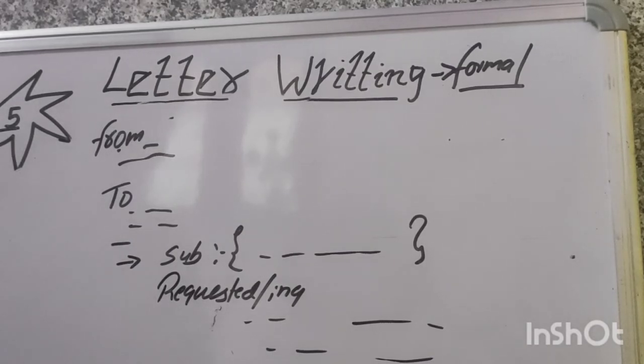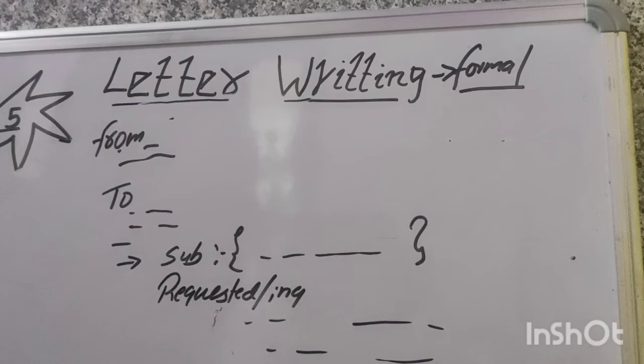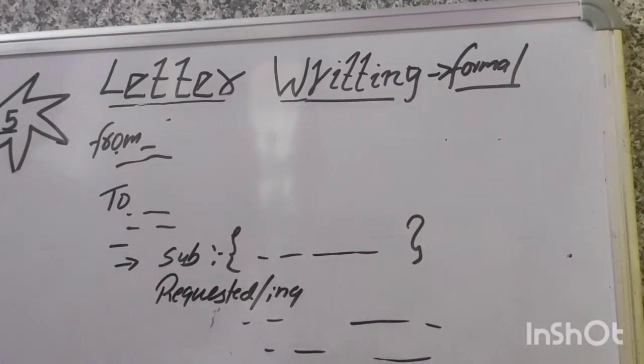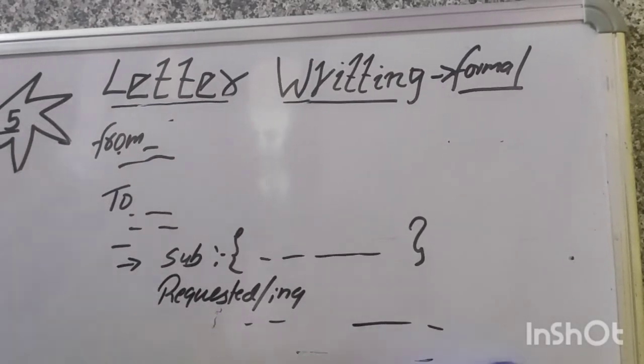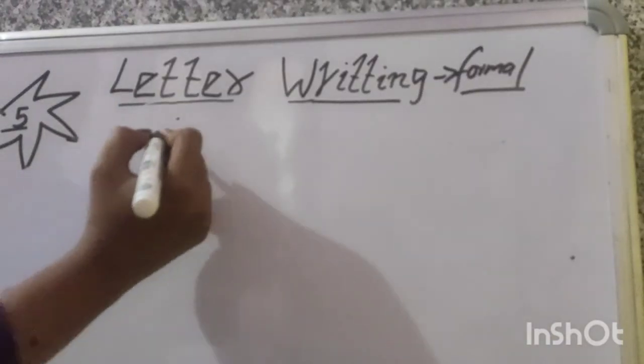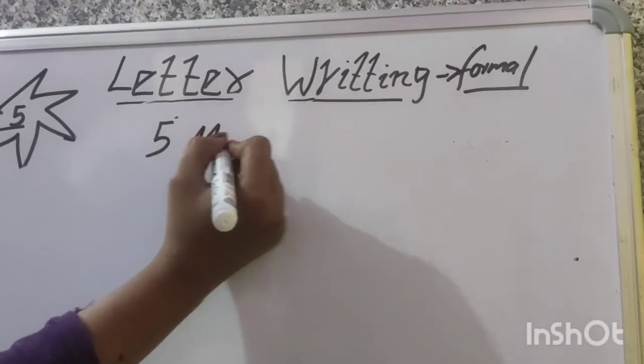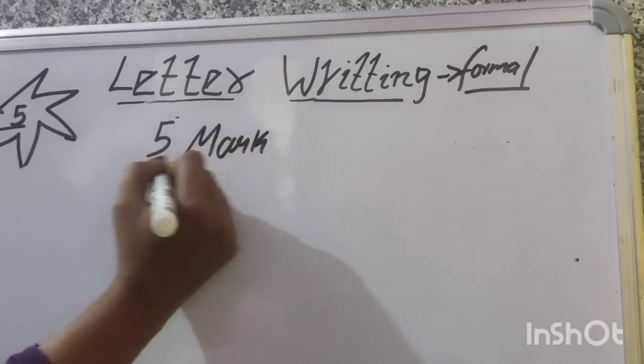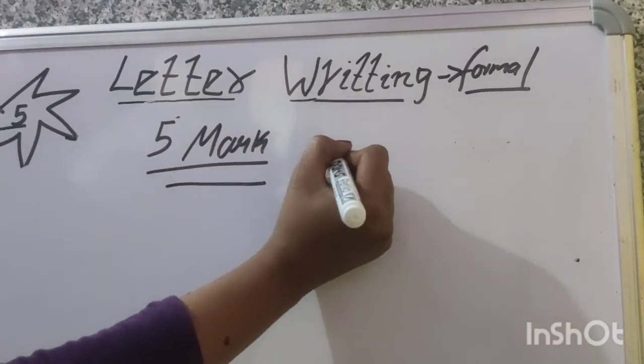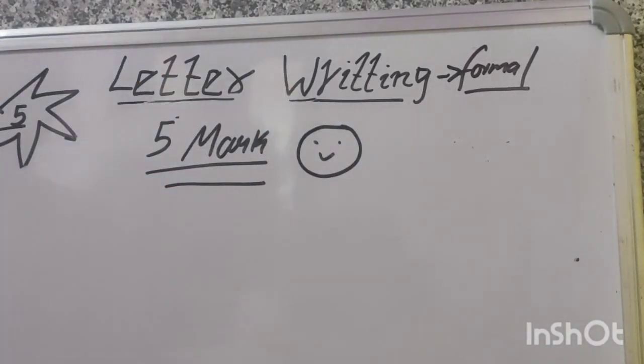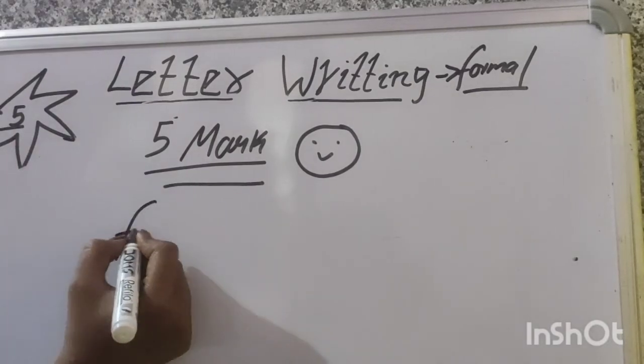I hope this video helps you a lot and you are going to use this format in your board exam. Okay, so finally we are ready to write a letter and we are ready to get 5 mark. Again I am repeating, don't use incorrect grammar.